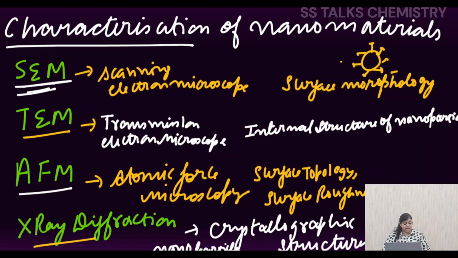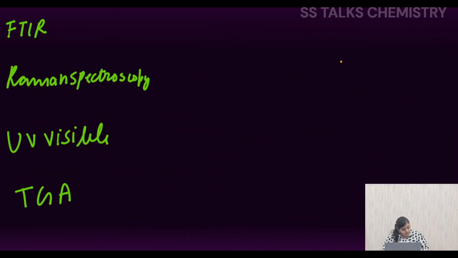Now the next technique that we can use for the characterization of nanoparticles is FTIR. You have learned FTIR in your IR spectroscopy; in that detection you might have encountered this term. So what was IR spectroscopy telling me? What type of functional groups are present in a particular molecule, right?